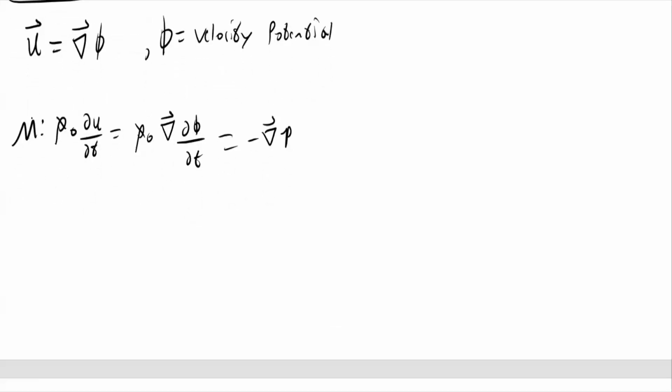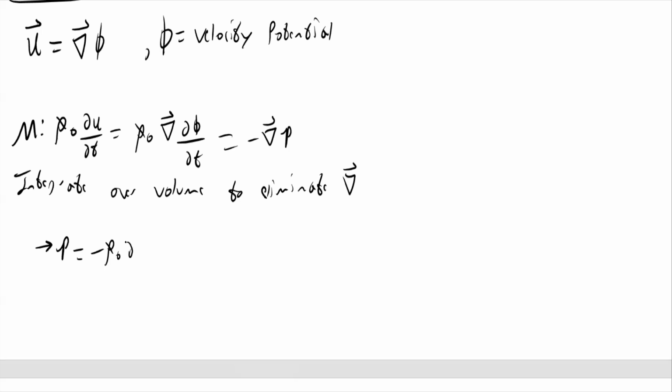If we integrate over the volume to eliminate the gradient, we obtain p is equal to negative rho naught d phi dt, which could equal negative j omega rho naught phi if phi is a time harmonic function whose time dependence can be described as e to the j omega t.